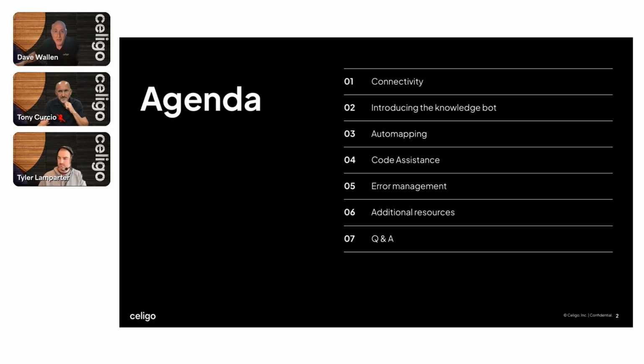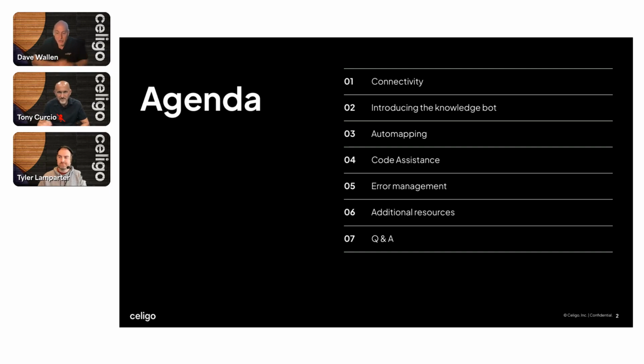So let's take a look at the agenda. We're going to be covering the highlights from the most recent release, as well as key features from some of the earlier releases this year. While the new AI features are going to be front and center, we're going to start off with a quick overview of the new connectors that we've released since the last webinar.